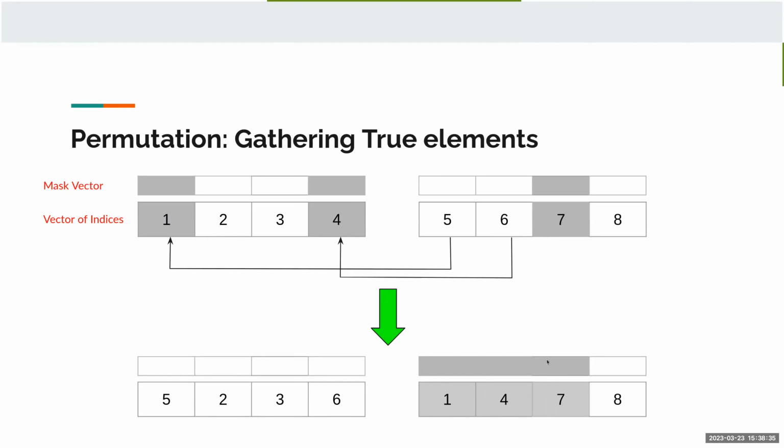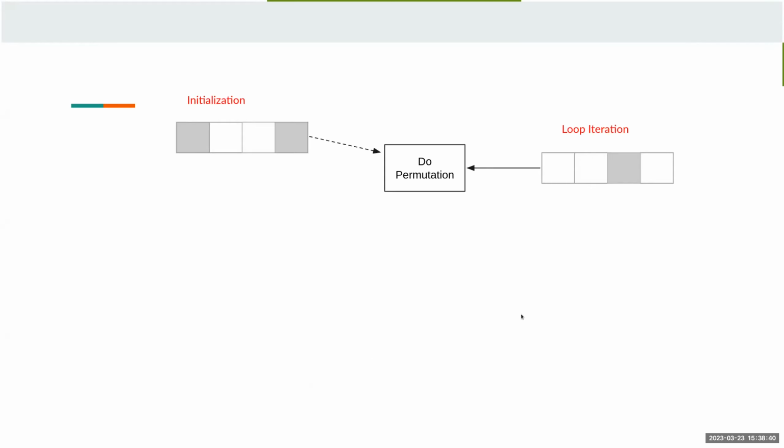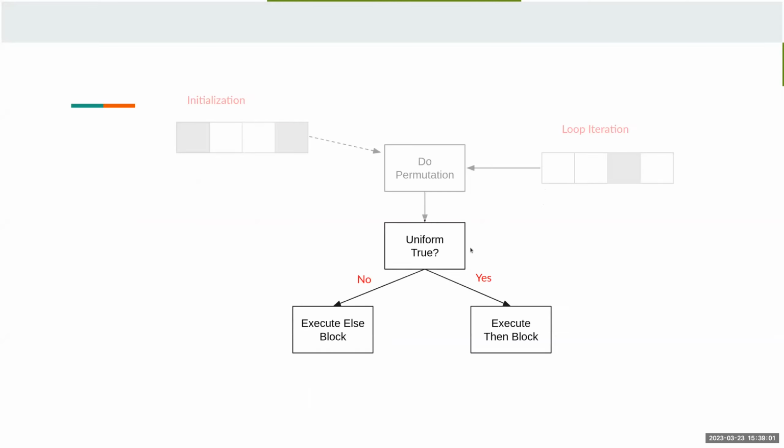Having this permutation, we propose ALC as follows. In each iteration of the loop, we have two vectors of loop iterations. The content of the vectors is the indices of the loop and the conditions they have. We do the permutation for these two vectors. Then if we have a uniform true vector, we execute the then block only for those indices.